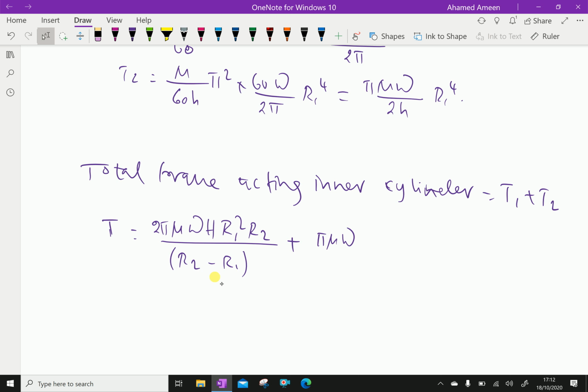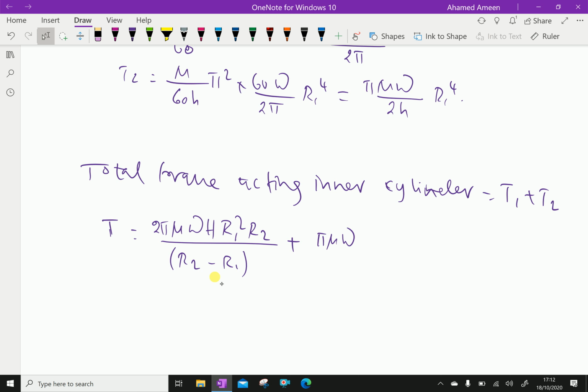Keeping the common factors, 2 pi mu R1 squared is common, after that R2 h over R2 minus R1 plus R1 power 4 over 4h, into omega.